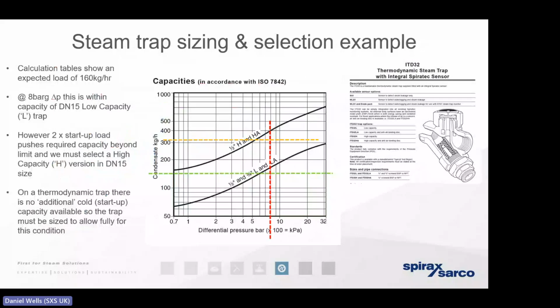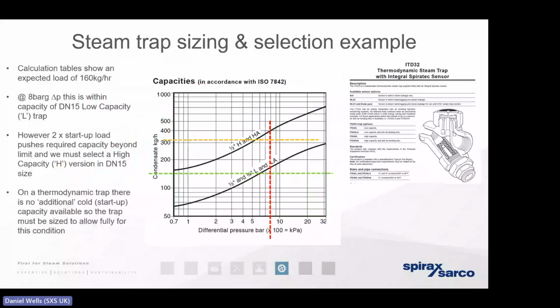So, a sizing example for a thermodynamic trap. Again, if we're distributing 8,000 kilograms per hour of steam, 2% of which is 160 kilograms per hour, that's demonstrated by the green line. We run across to the red vertical line that demonstrates that differential pressure, 8-bar gauge.